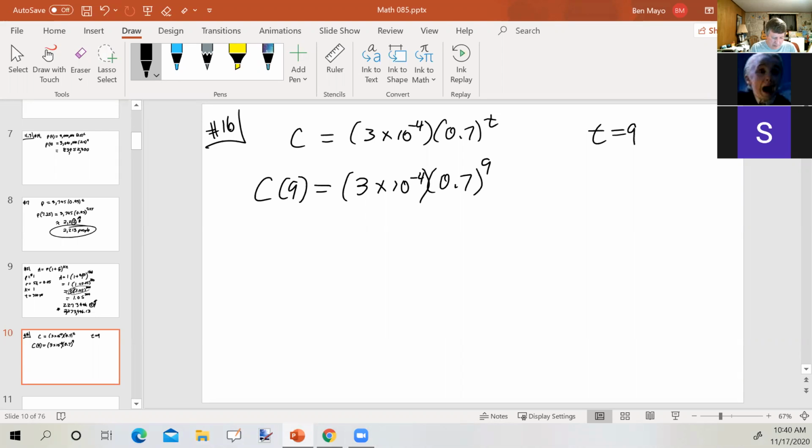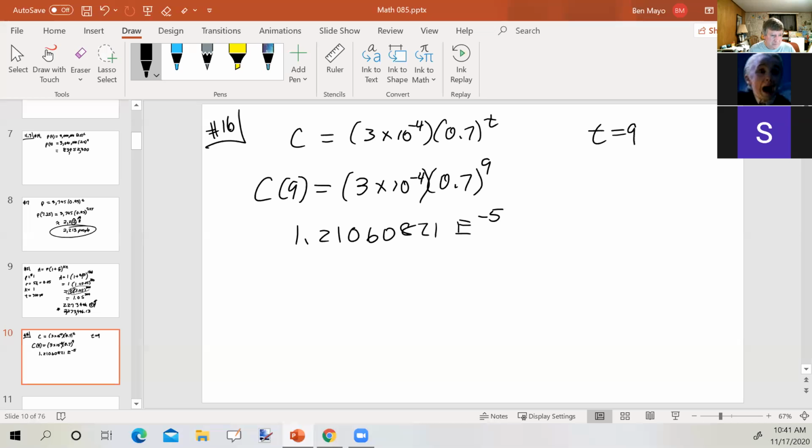So I've got 3 times 10 to the parentheses, negative 4, close parentheses, power, and then times 0.7 to the 9th power. Now, when I do that, I get 1.21060821 e negative 5. Okay, that's what shows up on my calculator.